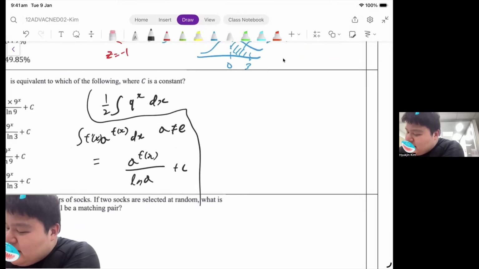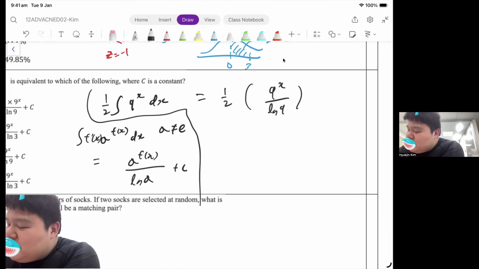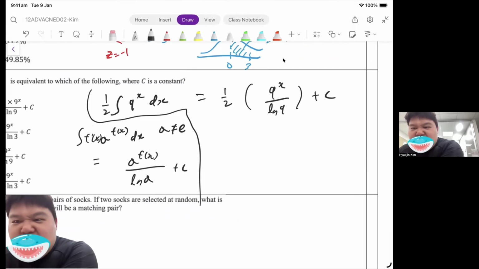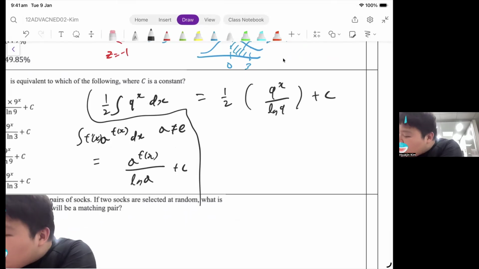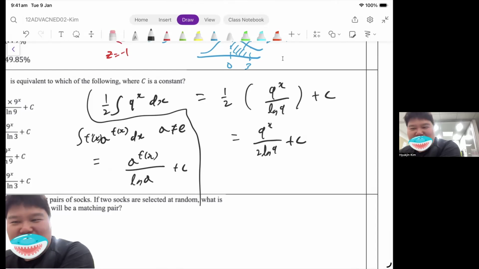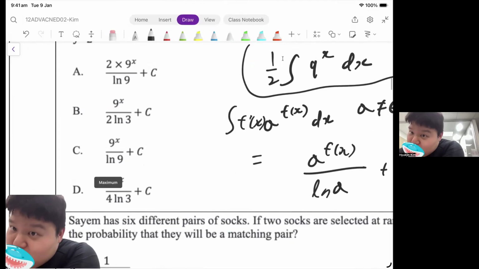We just get half bracket 9 to the x over ln of 9 plus c. Plus c could be in the bracket, out the bracket, it doesn't really matter in this case. Now you get 9 to the x over 2 ln 9 plus c. And then you're like, oh, that should be one of the answers. No, it's not. And you're not a loser for that.